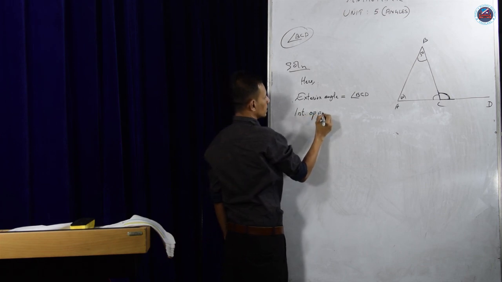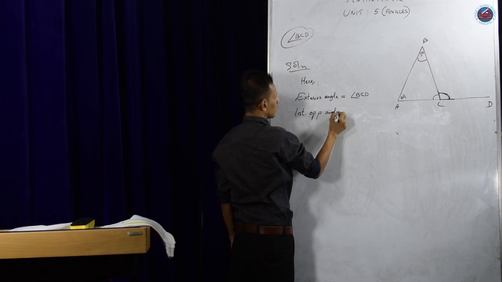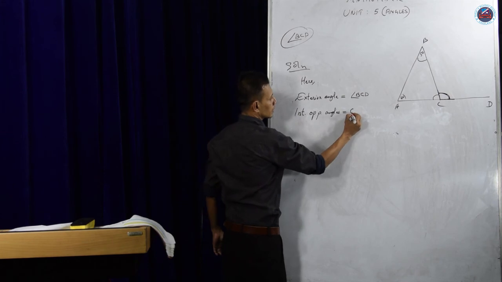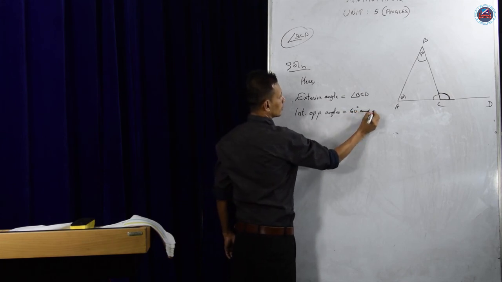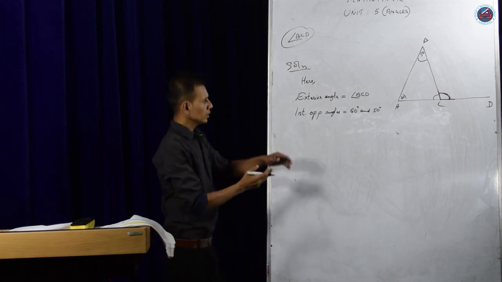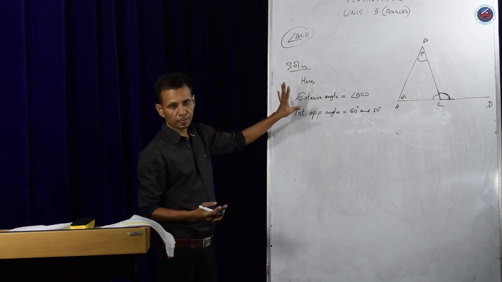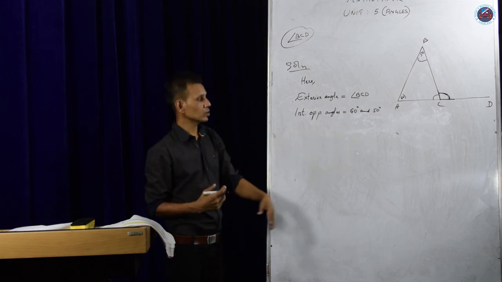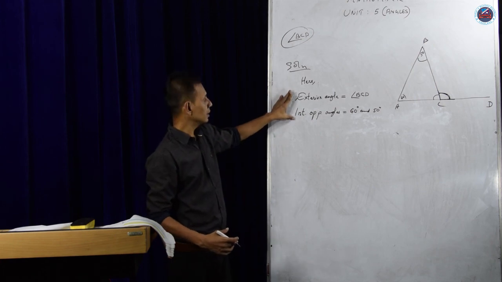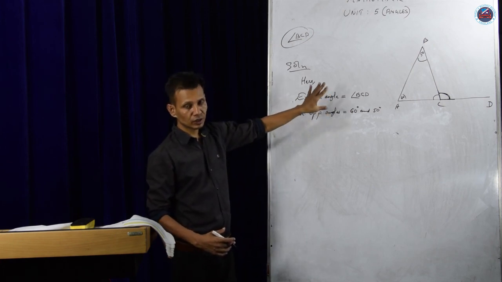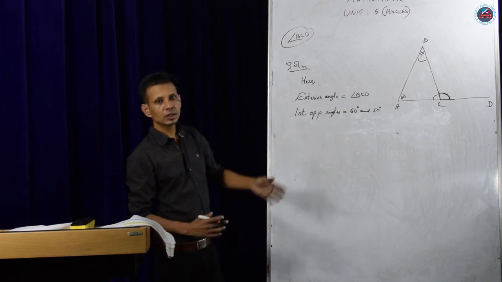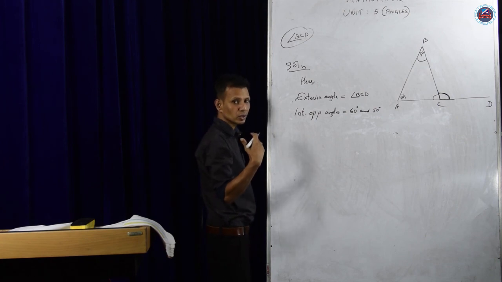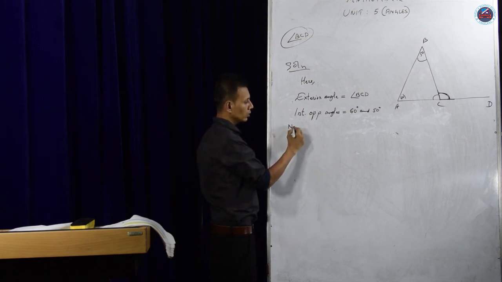Interior opposite angles are 60 and 50. 60 degree and 50 degree. You find out these two and keep, so that when you are going to use this formula, it will be so helpful to you, because you have already found all exterior and all interior angles. Okay. Now see. Now you have to find exterior angle, so use the formula now.